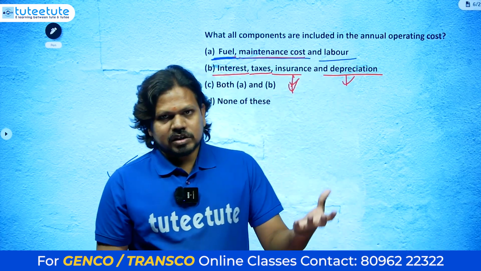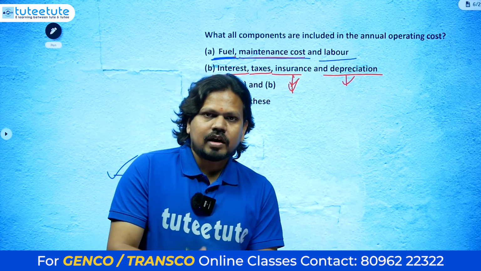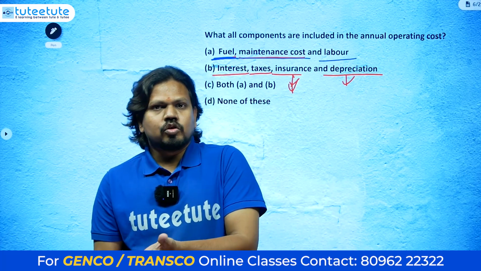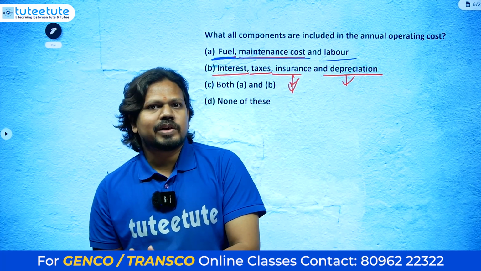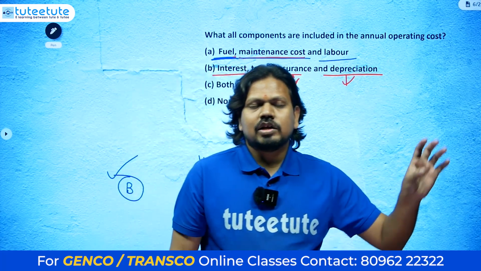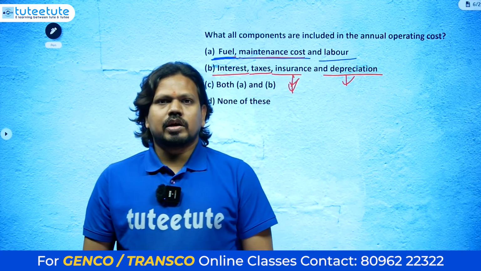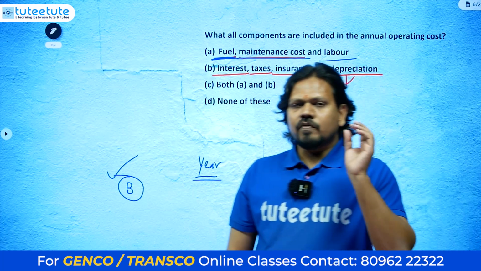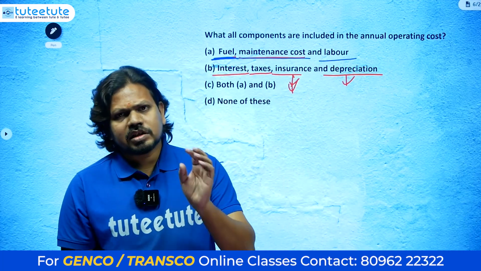Depreciation: every year we keep some amount separate, and that is the depreciation cost. Whenever this boiler completes its operations, with that money you purchase the new boiler. For any equipment we purchase for the power plant, each and every component has a certain depreciation.